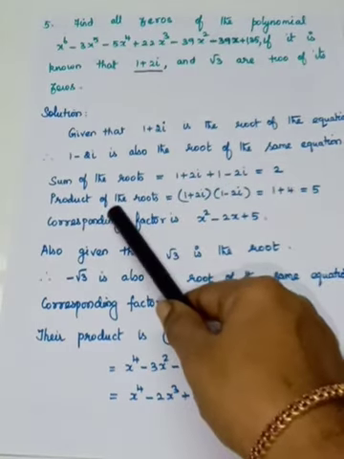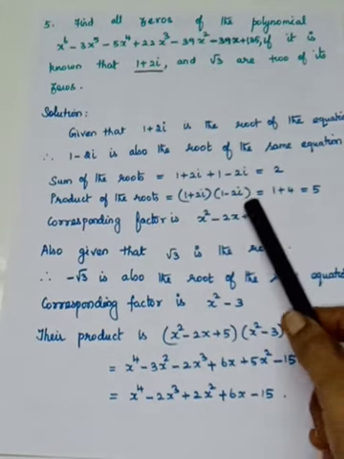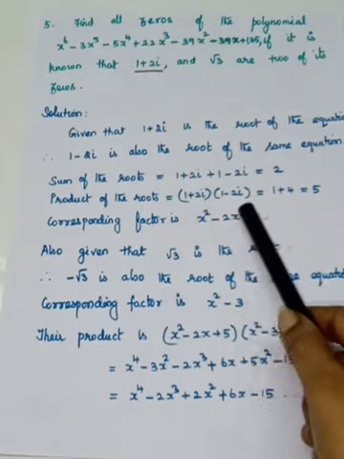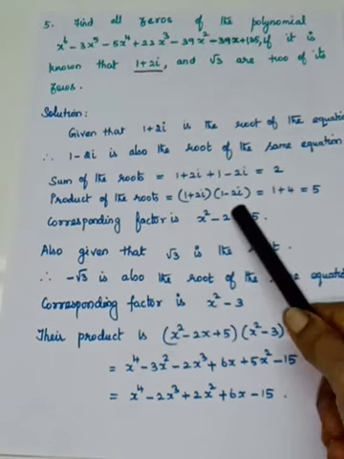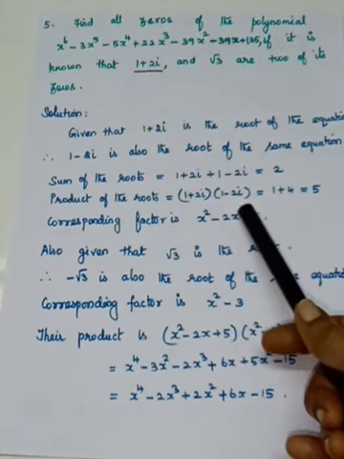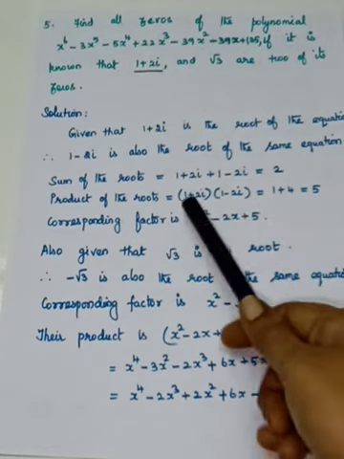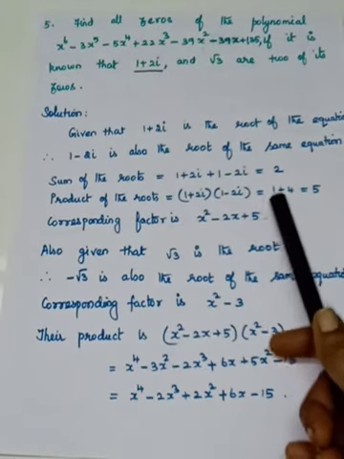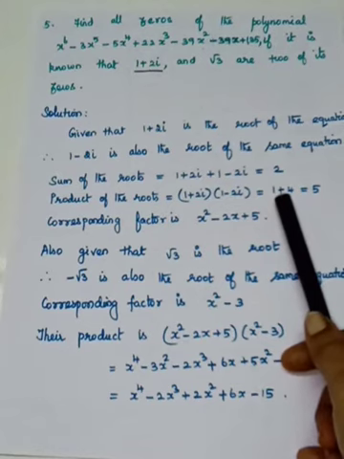Then you have to go for the product of the roots. So 1 plus 2i into 1 minus 2i. So it is a plus ib into a minus ib. So it's an imaginary number. So z bar. So z bar is equal to real part the whole square plus imaginary part the whole square. So the real part is 1. So 1 squared. And the plus, here you have to write plus imaginary part the whole square.